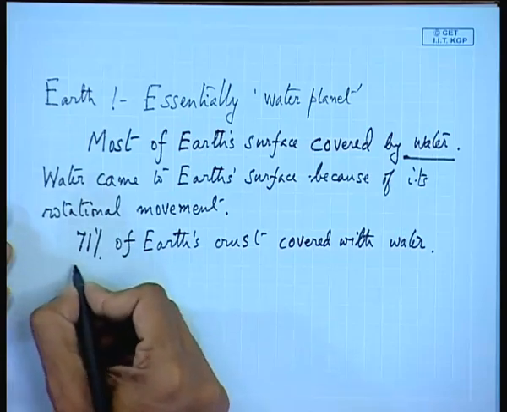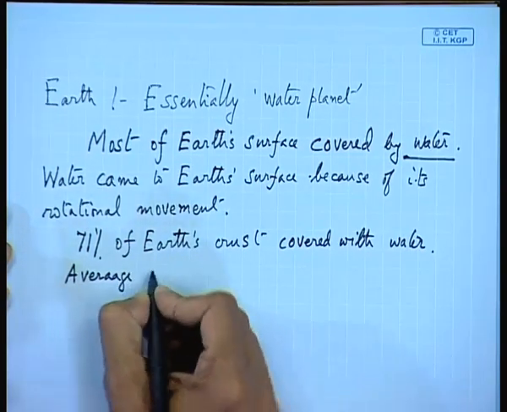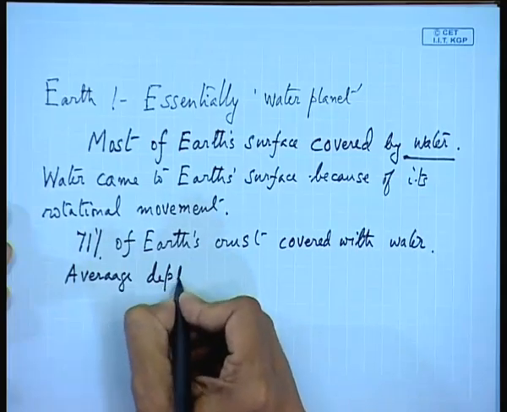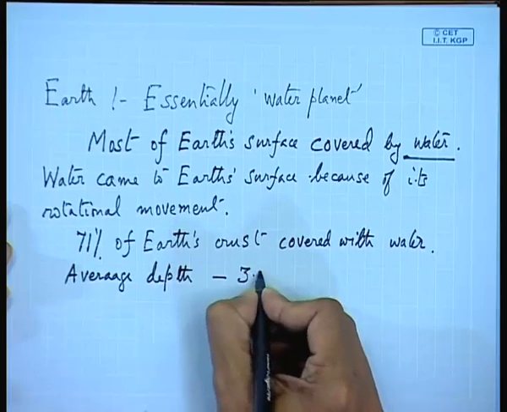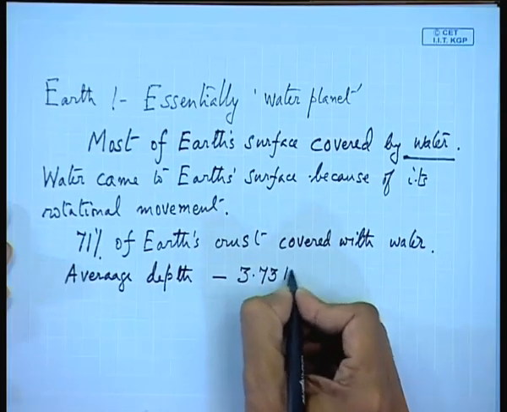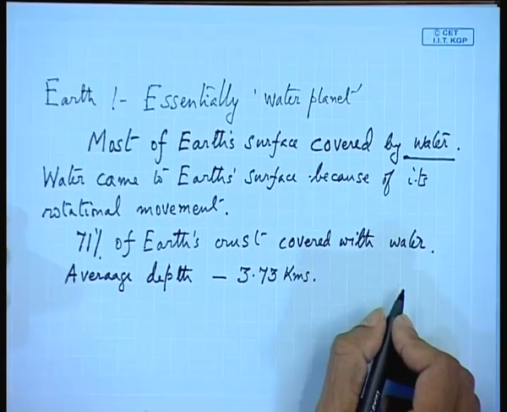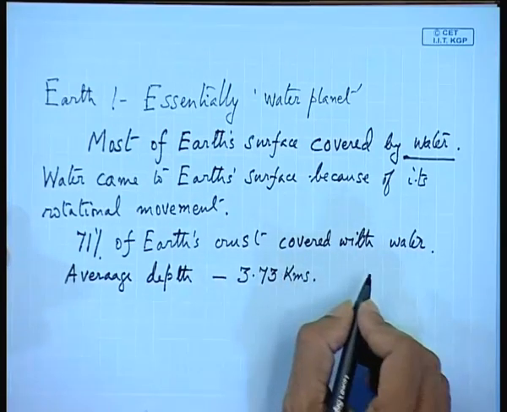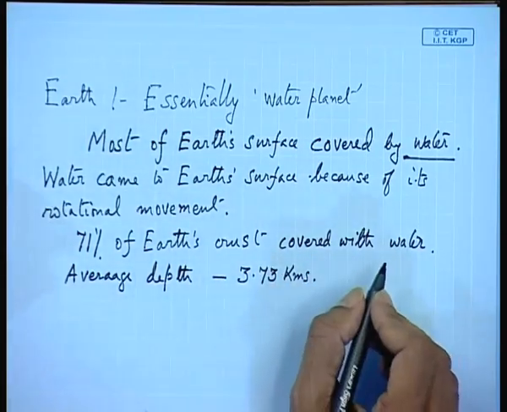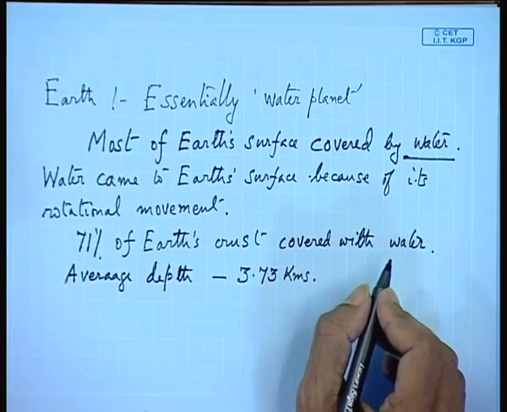The average depth of this water mass is 3.73 kilometers. So, that is the average depth of the oceans. So, we are confronted with a sort of cover over the crust of the earth.